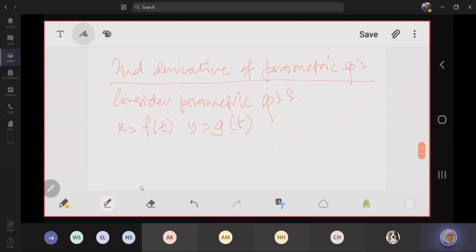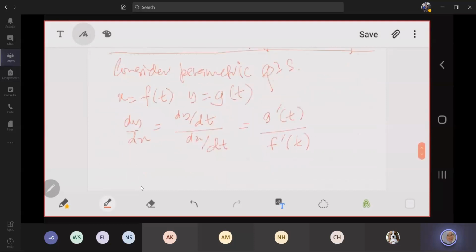Of course our dy by dx is going to be dy by dt divided by dx by dt, which is actually equal to g prime of t over f prime of t. Okay, now this is the first derivative.